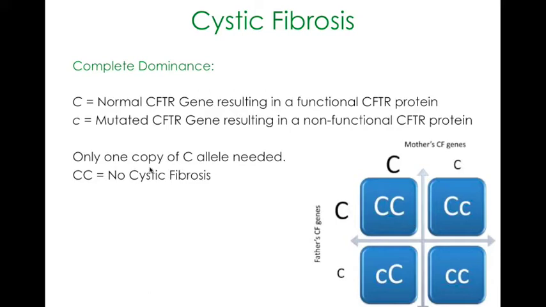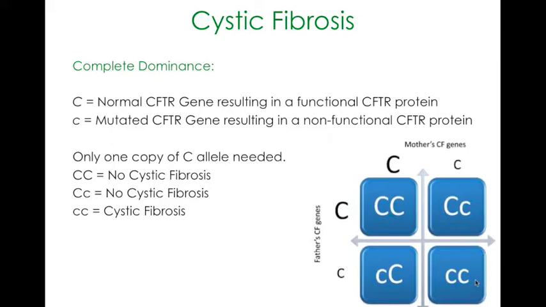If you have capital C, you don't have cystic fibrosis. If you have capital C, lowercase c, you also don't have cystic fibrosis. If you have lowercase c, lowercase c, you do have cystic fibrosis. Only 1 copy of the capital C is needed for the individual to remain healthy. So out of these 4 outcomes, this one, the 1 in 4 chance, results in cystic fibrosis.